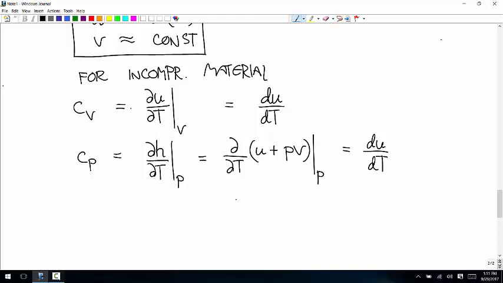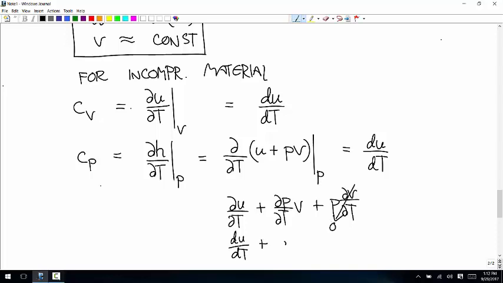What you would get here is the partial of U with respect to temperature, plus the partial of pressure with respect to temperature times V, plus pressure times the partial of V with respect to temperature. This is a total derivative. This goes away, but this we still don't know about.